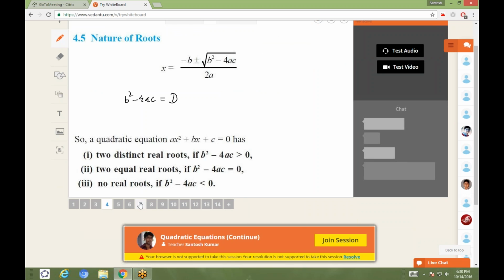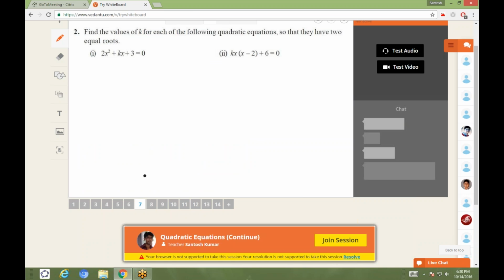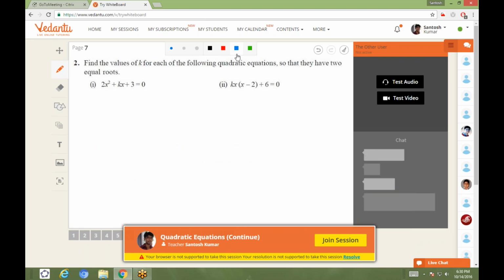So in order to use it, let me just solve the first one, and then the second one you all will be solving. In the first one, if you compare it with the standard form of a quadratic equation, which is ax square plus bx plus c, you can say that a is equal to 2.